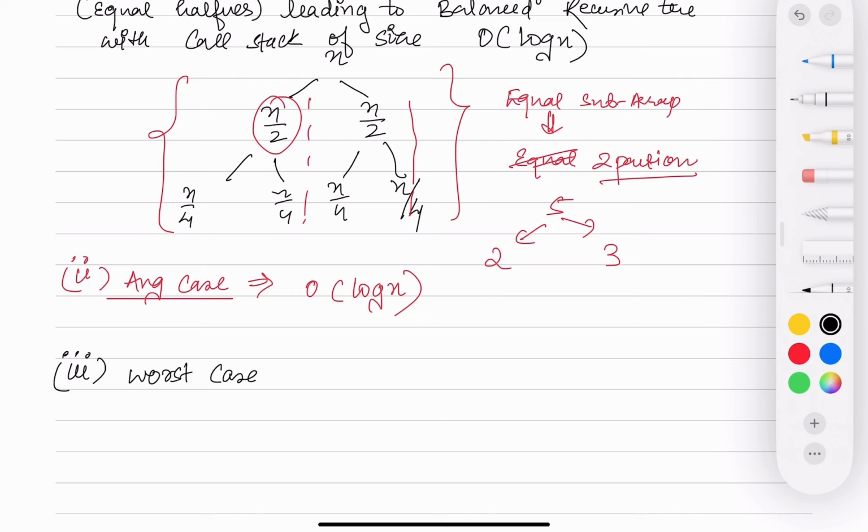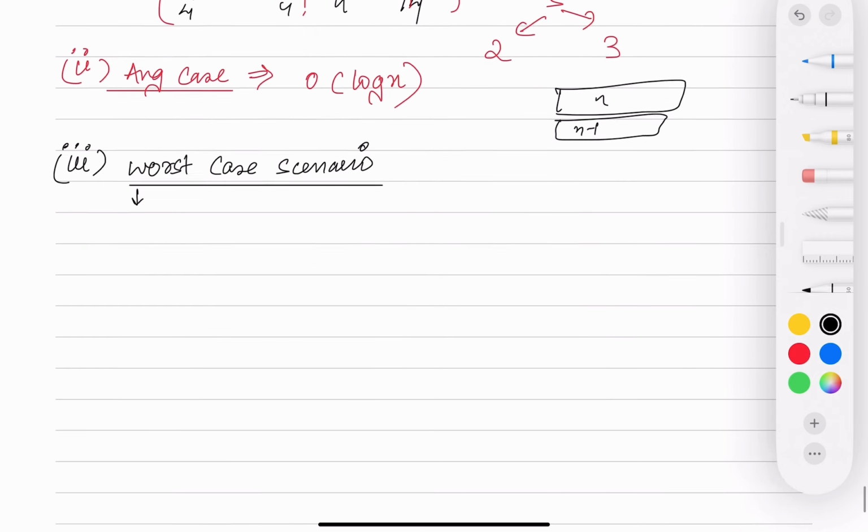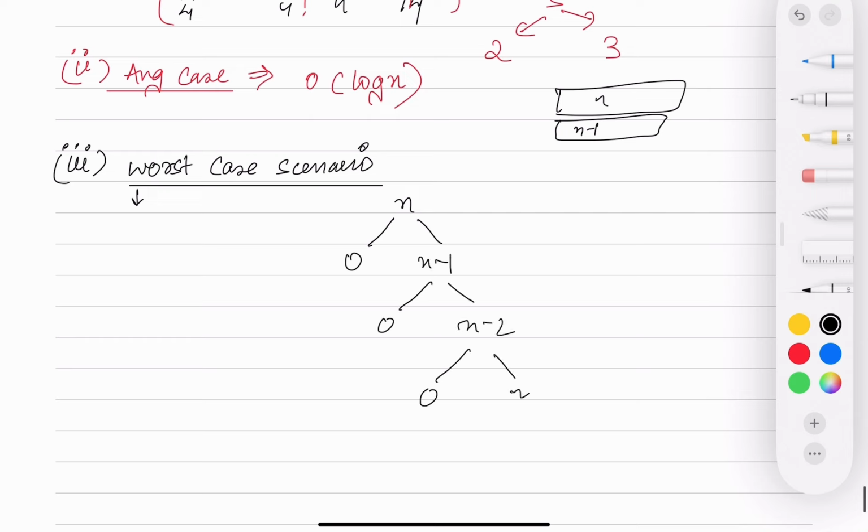Now, what is it for the worst case scenario? If you remember, the worst case happens when you take the largest or the smallest element as the pivot. In that case, if this is n, you just need to solve n minus 1 in the next iteration. So you don't get balanced partitioning, you get a skewed recursion tree. If you have n, you get n minus 1 and 0, then n minus 2 and 0, then n minus 3.